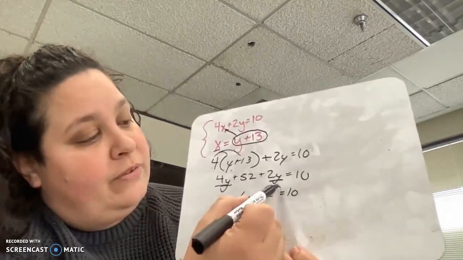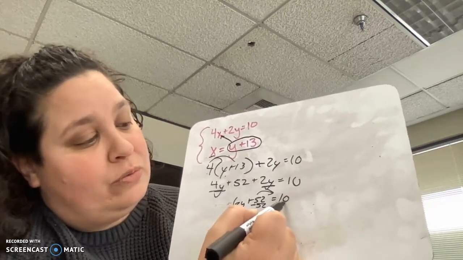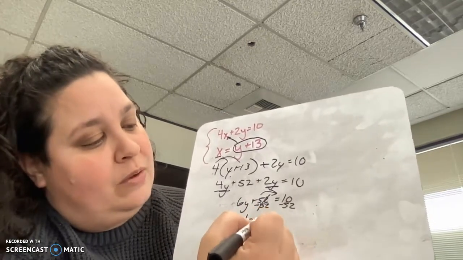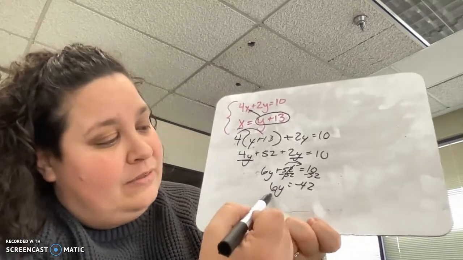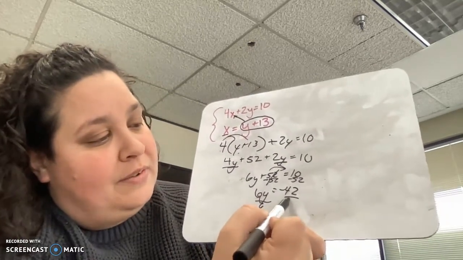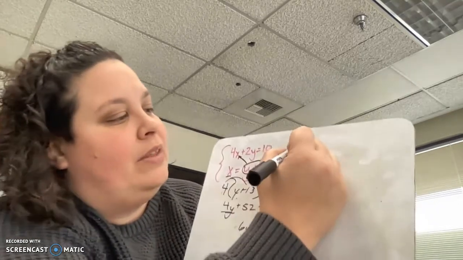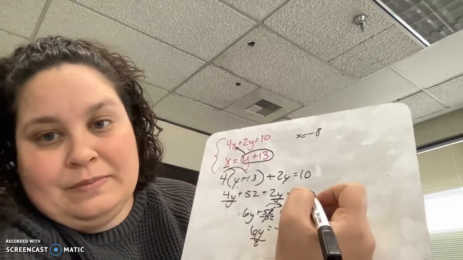I want to move the 52 to the other side. It's a positive, which means I'm going to subtract 52. So I have 6y equals -42. And my last and final step is to divide. Divide by 6, and so I'm going to end up with y equals -7.